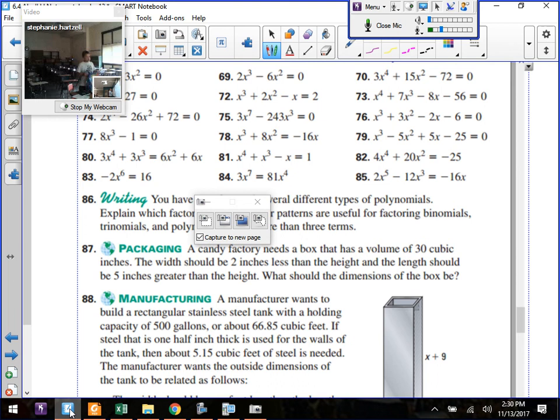Yeah, it was 68 to 84 evens, and then 87 and 88. It's on page 349, the same page as 6-4.